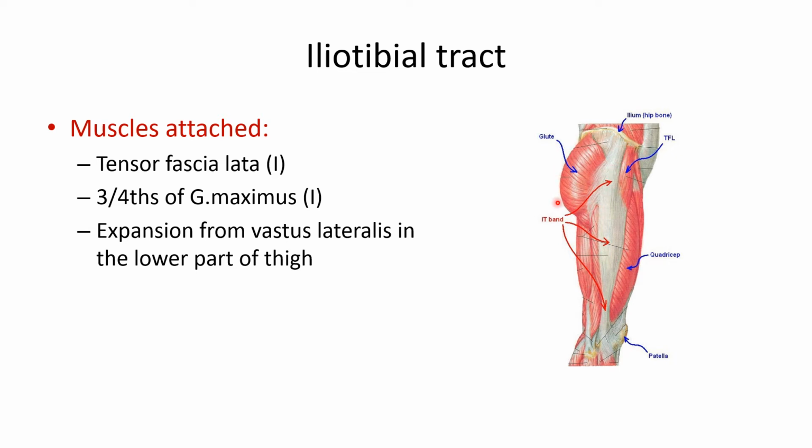And it also receives nearly 3/4 of the gluteus maximus, which gets inserted into the iliotibial tract. So it receives the insertions of two muscles, tensor fascia lata and the gluteus maximus muscle. And below, it receives expansion from the vastus lateralis in the lower part of the thigh.